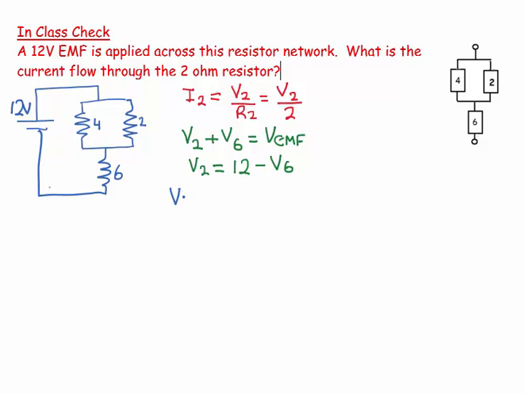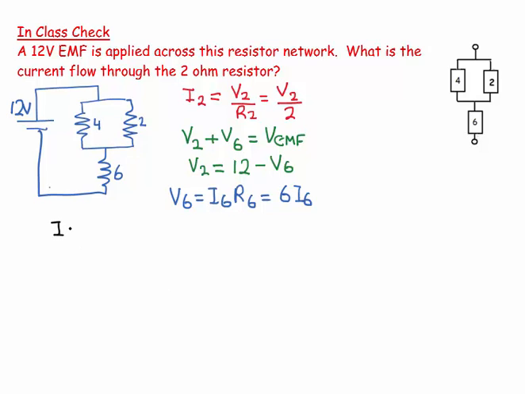The voltage across the 6 is equal to the current flow through the 6 times the resistance of the 6, which equals, well, the resistance of the 6 is 6, so this will be 6 I6. Okay, if I knew I6 I could find the V6.